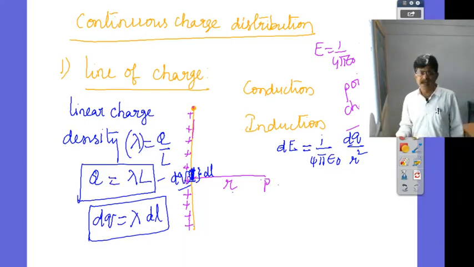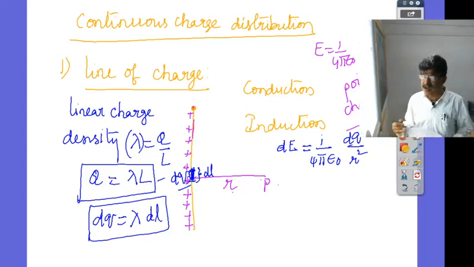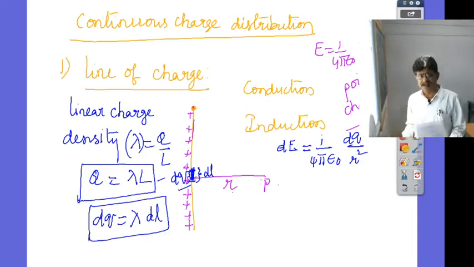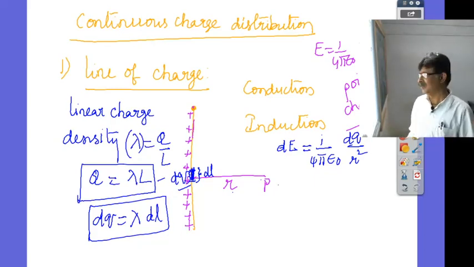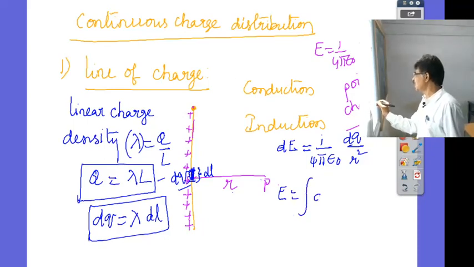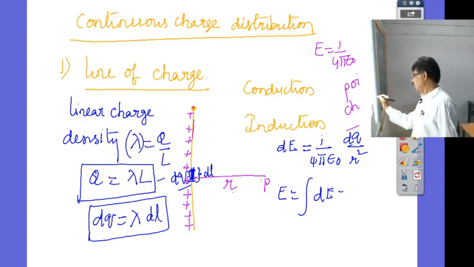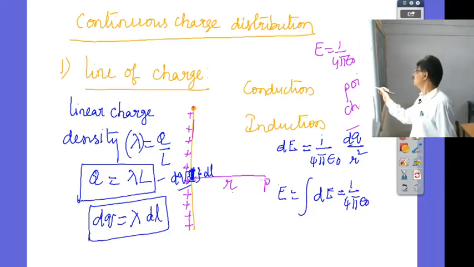If you want to find the electric field due to this line of charge, where you have continuous distribution of charge, you have to apply a simple calculus technique, that is integration. By integrating this small electric field because of the small charge, you can find the total electric field intensity.